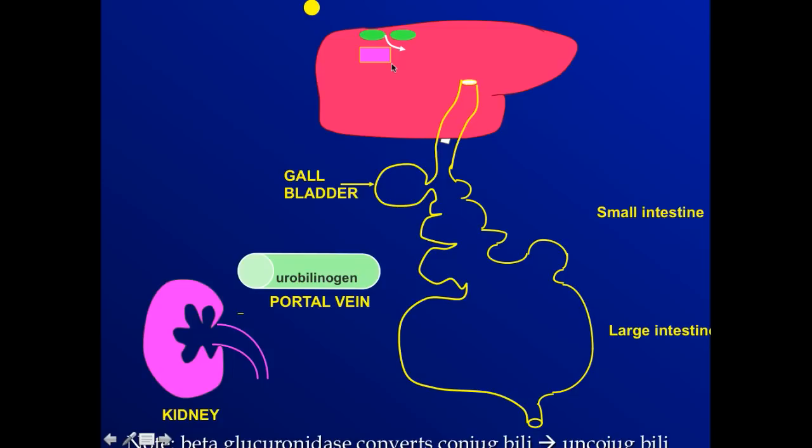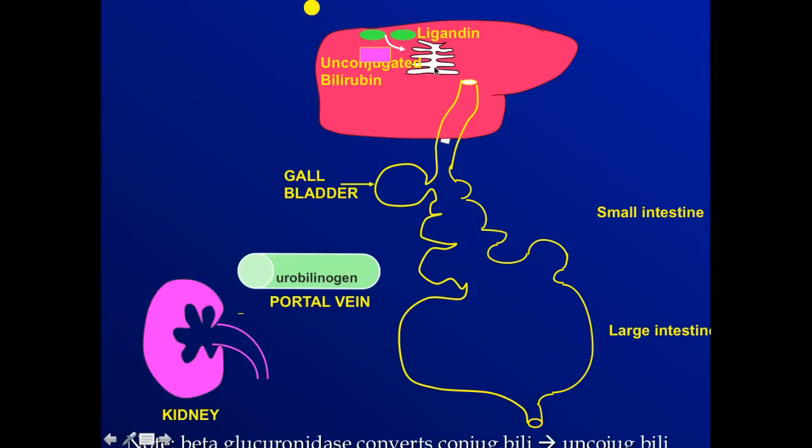Now, once it is taken up, it will be conjugated with glucuronic acid. Remember I said about diglucuronide earlier for the catabolism of hormones? This is where it's going to happen, in the smooth endoplasmic reticulum.